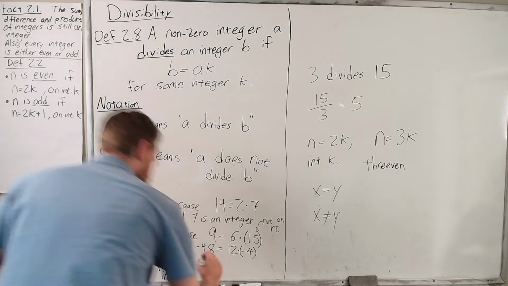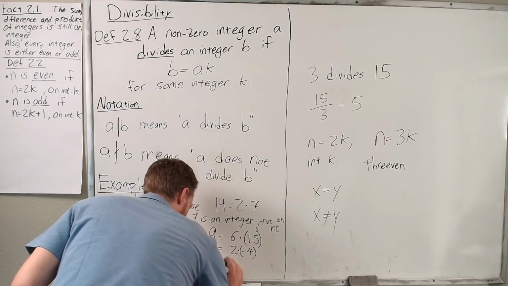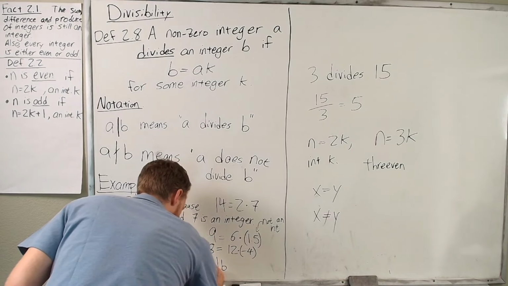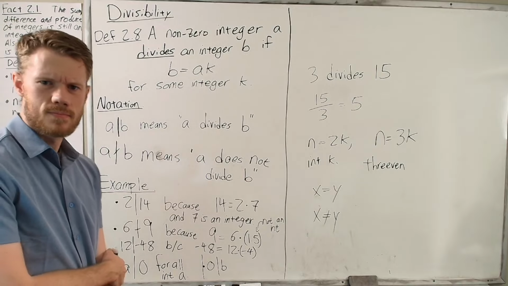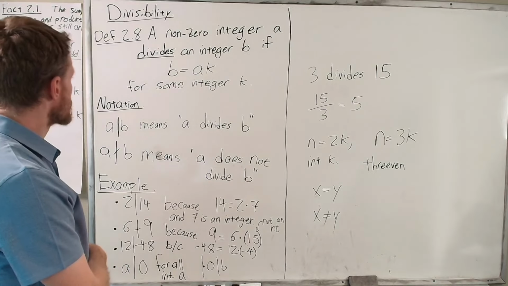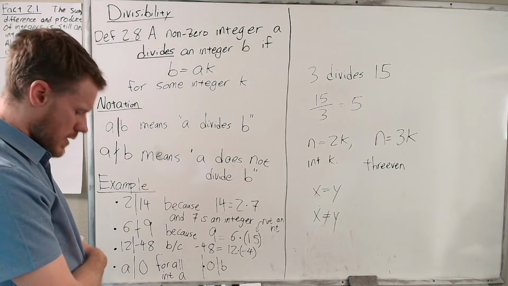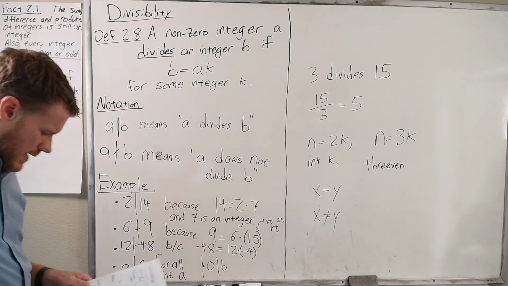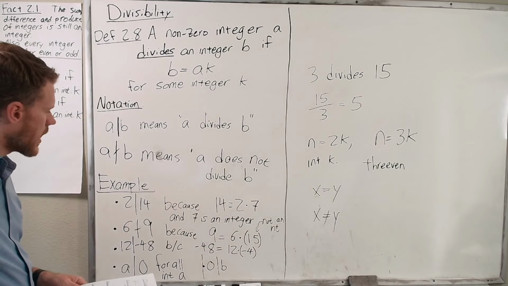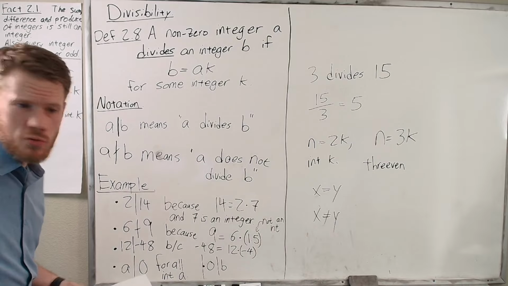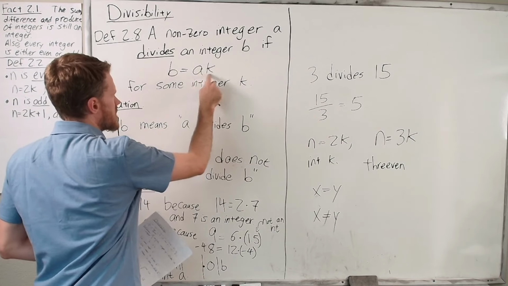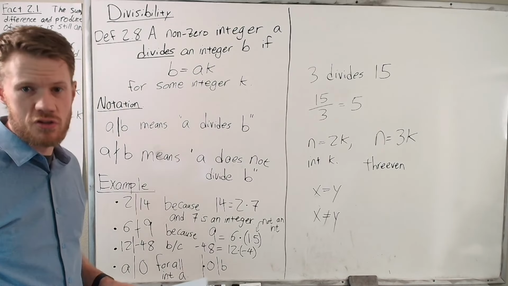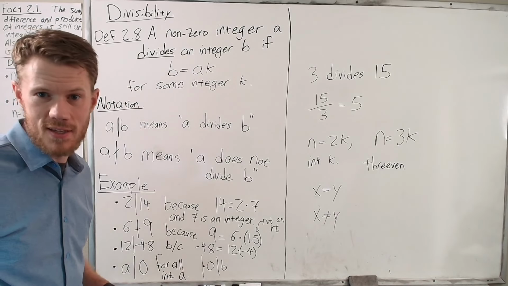What about 0 dividing b? Does 0 divide b? Let's see. So if b is an integer, let's just pick one, 2. Does 0 divide 2? Does 2 equal 0 times an integer k? Can you find an integer k for which 2 equals 0 times it?